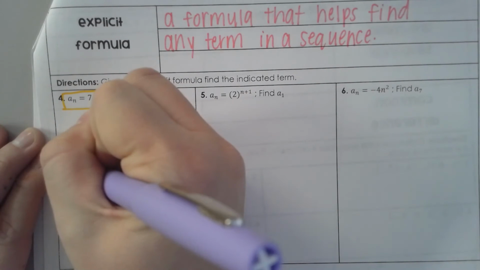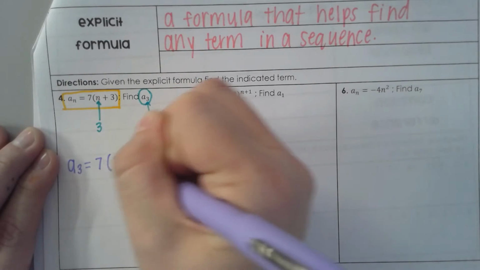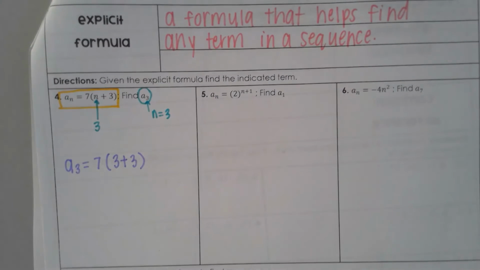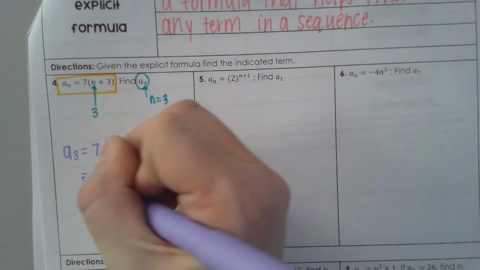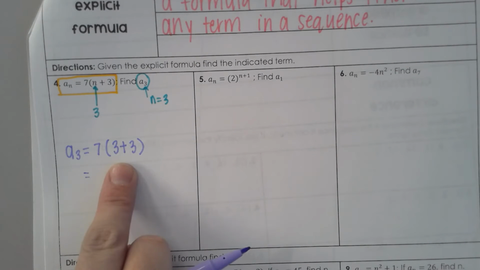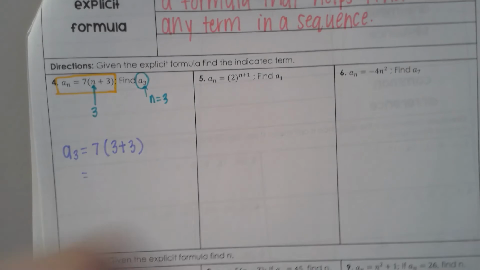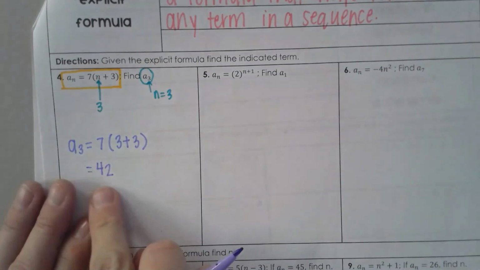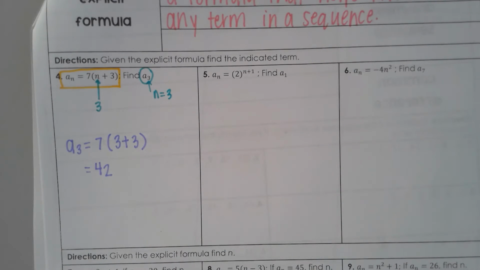So A3 is 7 times 3 plus 3, which would be 7 times 6, which is what? 42. So the third term in my sequence is 42. Not too bad.